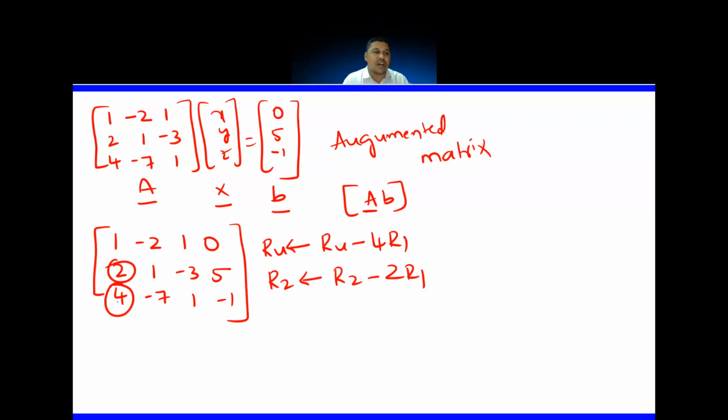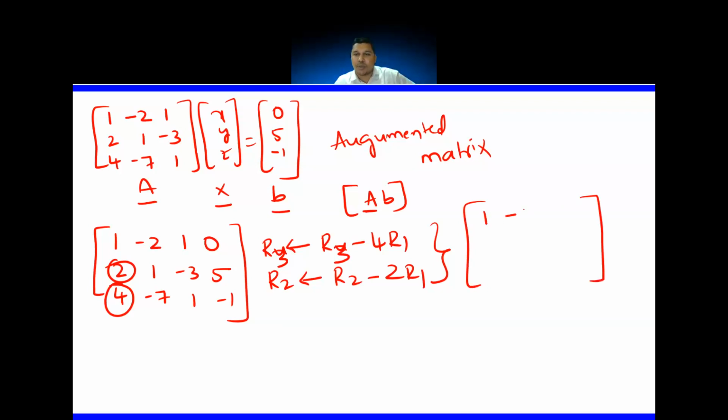Oh, sorry, R3, I am mistaken. Because of this 4, R3 equals R3 minus 4R1, and R2 equals R2 minus 2R1. With these two operations, we may get a matrix something like this. If you are solving, please tell me what the values could be.